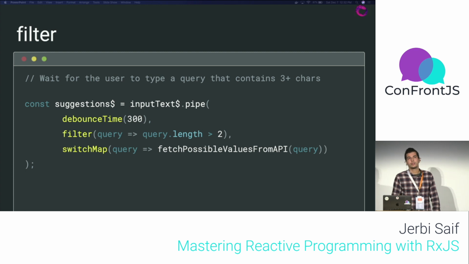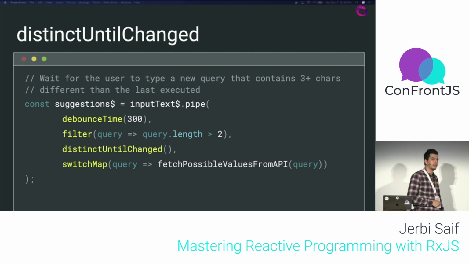So we can just use the filter operator. In filter you get the different emitted data, and it applies a function that is evaluated. If it returns true, your data will continue. If it returns false, it will be ignored.